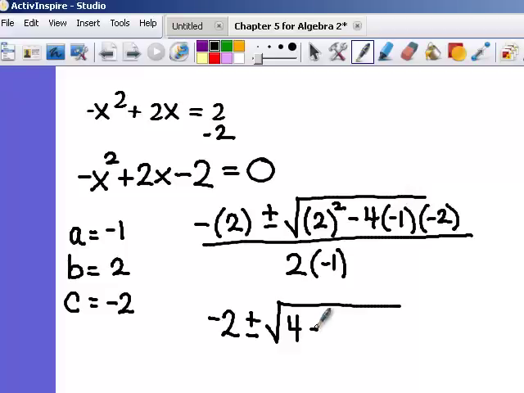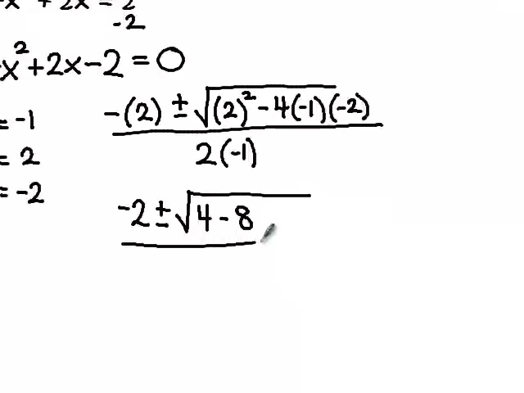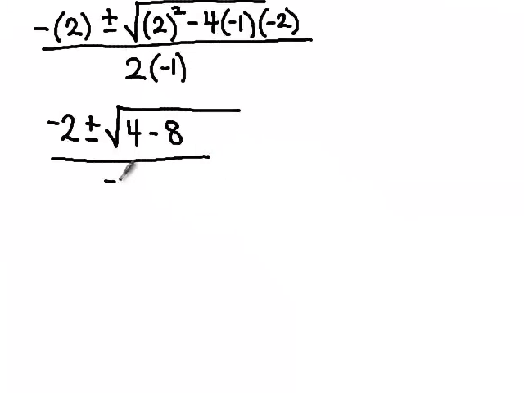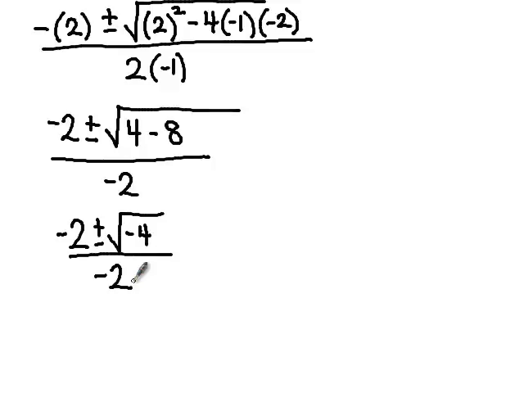I forgot to write that. -4 times -2 is +8. So we have an 8 there. And 2 times -1 is -2. And I'm going to simplify underneath the square root sign even more. 4 minus 8 is -4. And we have -2 on bottom.